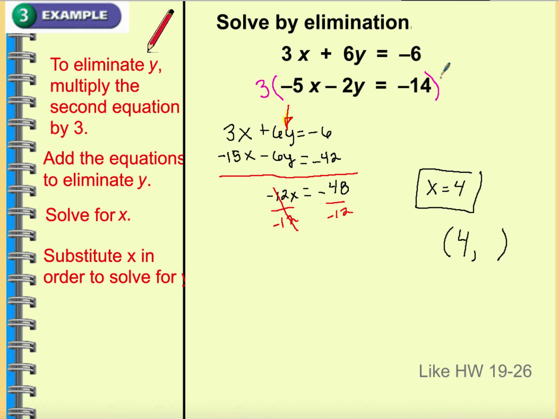I just need to find out what my y value is now. So it doesn't matter which equation that I substitute in. I could substitute it into this top one, this one before we multiplied through, or even the one after we multiplied it through. It really doesn't matter. So I would just pick one. I'm going to just go with the top equation. Probably I do that most of the time. So we've got 3 times x, but of course x was really 4.